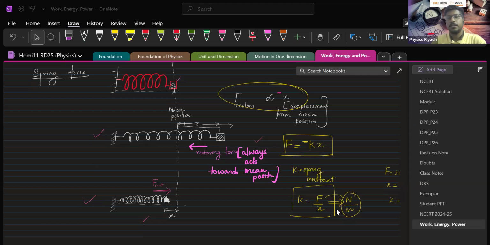If the k value is very large, that means the restoring force developing for a certain displacement is very large, so we call it a stiff spring. If it is very small, we say the spring is not as stiff, it's a very loose spring. So these points we have already discussed.